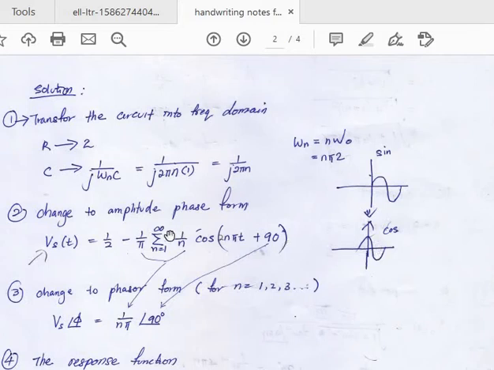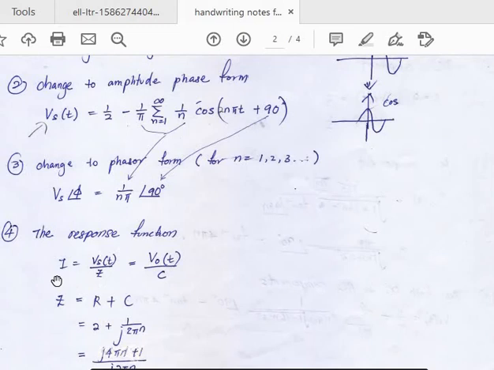So what is the Vs in the phasor form? This part is the DC, and this part is 1 over n pi with a phase of 90 degrees. Then what is the response function?